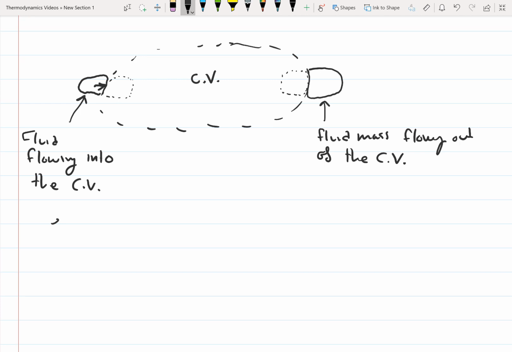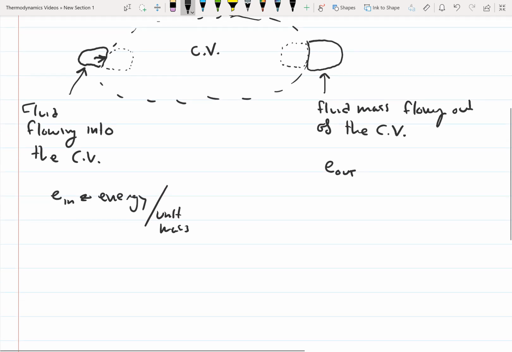So we can specify this energy here as the energy in, and I'm writing this lowercase because this is energy per unit mass. And then we have the mass that's flowing out, and this is going to have a certain amount of energy associated with it. So we have the energy out.